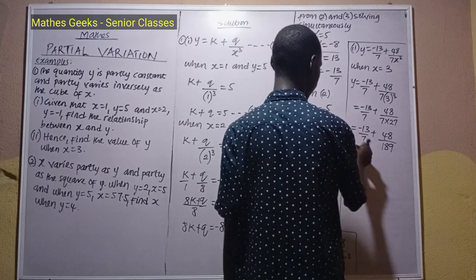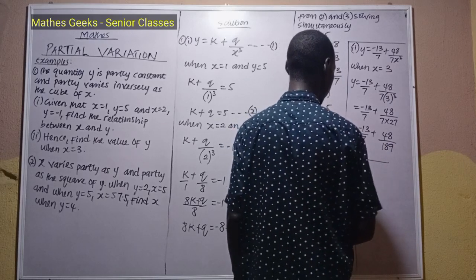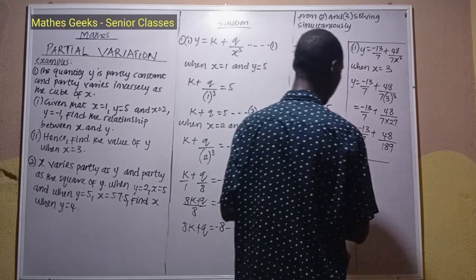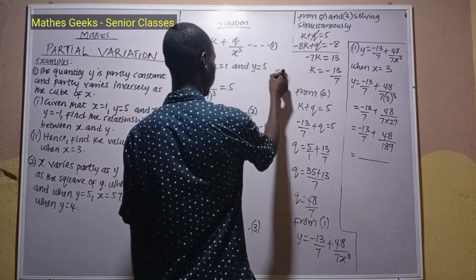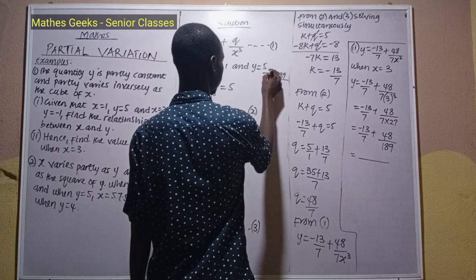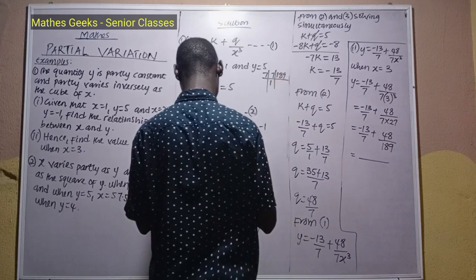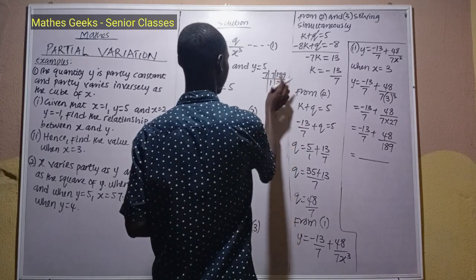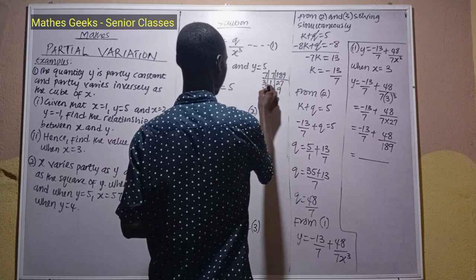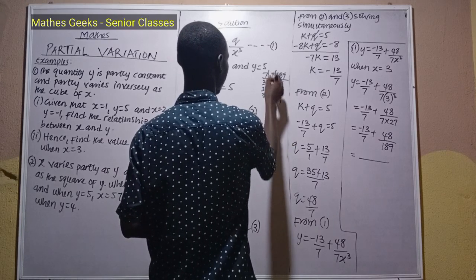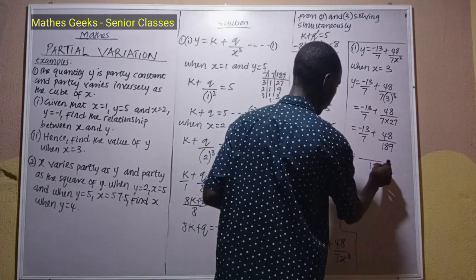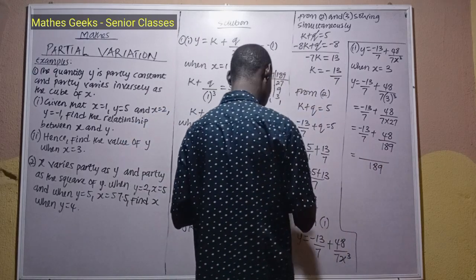So I'm going to go for the LCM of 189 and 7. 7 times 27 is 189, so the LCM is 189. 189 divided by 7 is 27.